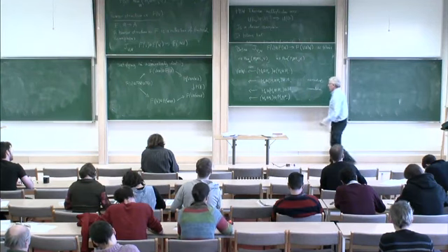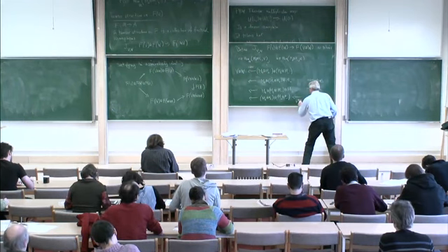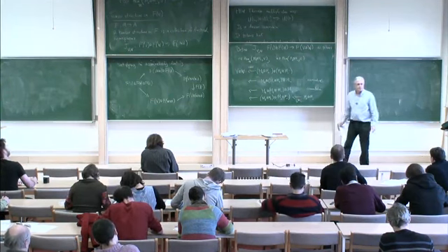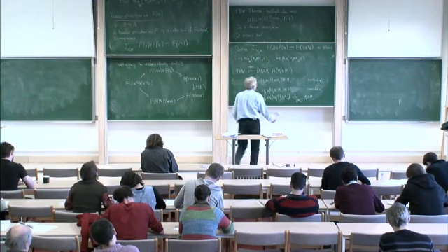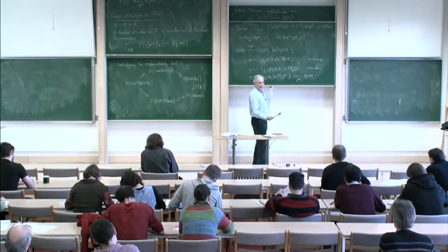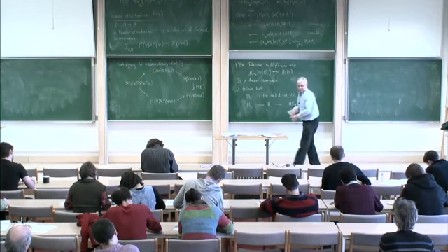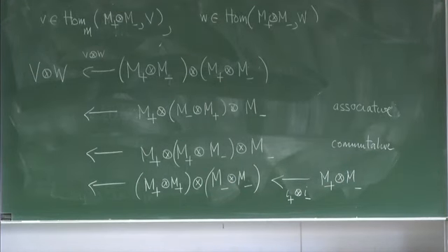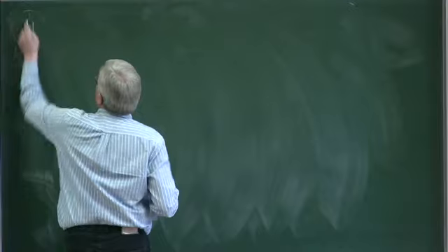And finally, I apply the maps I plus tensor I minus from M plus tensor M minus into that thing. So of course it has to be proved, and I'm not going to do this, but it has to be shown that this is a tensor structure. So the proposition is this.